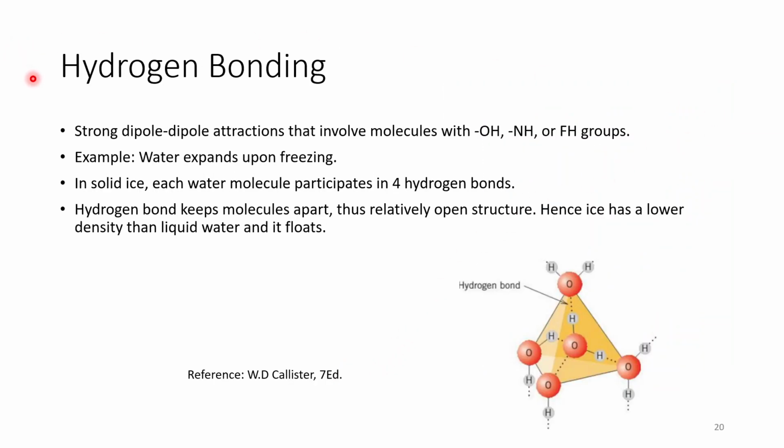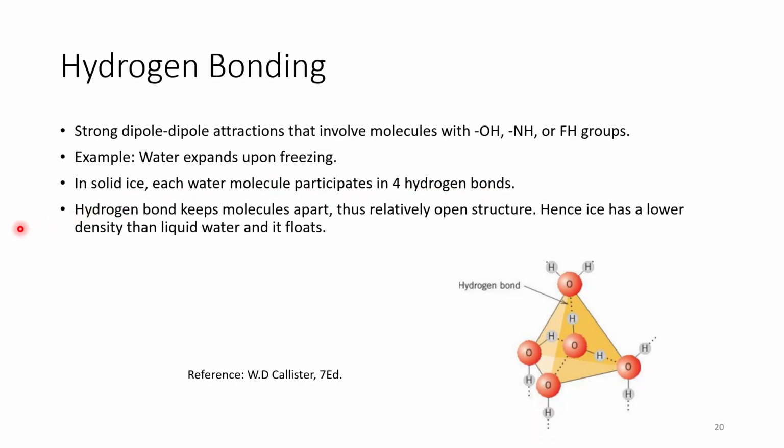Next is the secondary type of bonding, hydrogen bonding. In this case, you have strong dipole-dipole attraction which involves molecules with OH, NH and FH groups. An example is water, which expands upon freezing. In solid ice, each water molecule participates in 4 hydrogen bonds.